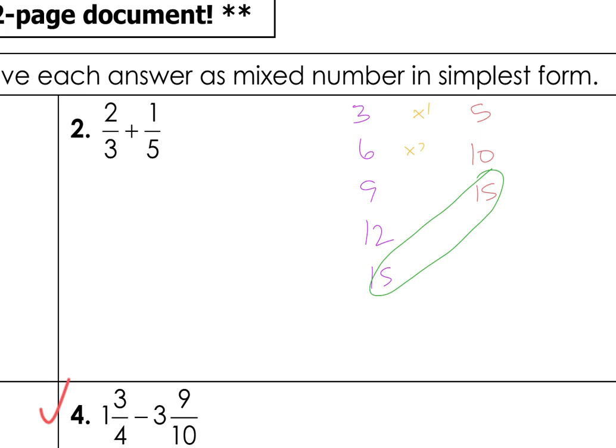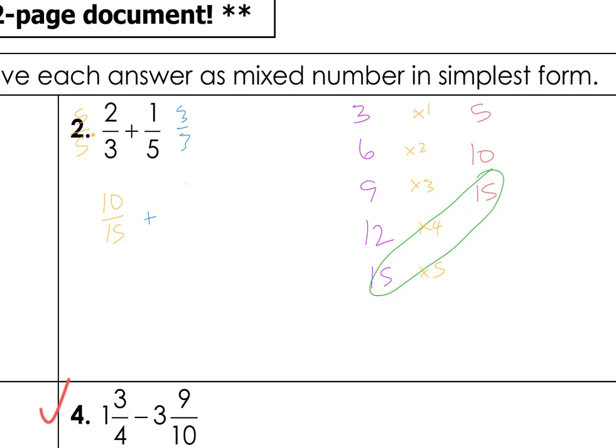Times 1, times 2, times 3, times 4, times 5. So I'm going to have to multiply 3 by 5. Notice how that's each other's denominators. And I get 10 fifteenths. I'm going to have to multiply 1/5 by 3. Why? It's not just because it's this denominator. It's because 3 times 5 is 15.